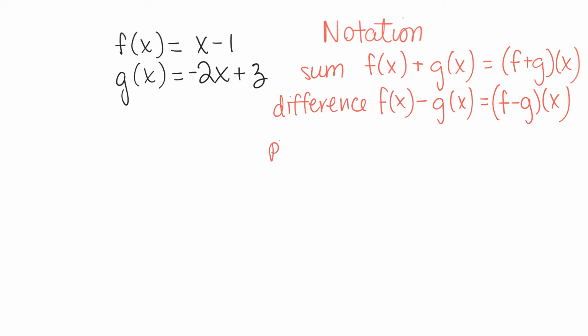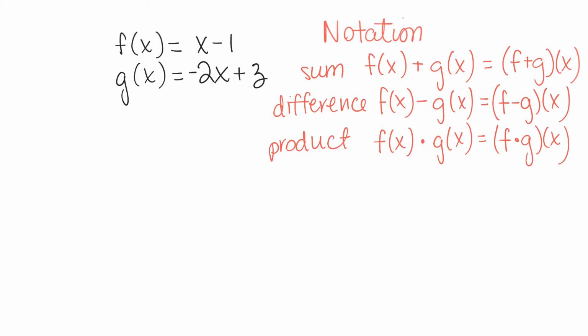We can take the product of functions. Product is written like this with a closed small dot. So f of x times g of x, or we can write f times g of x. Make sure that dot you're writing is like an actual closed little dot.